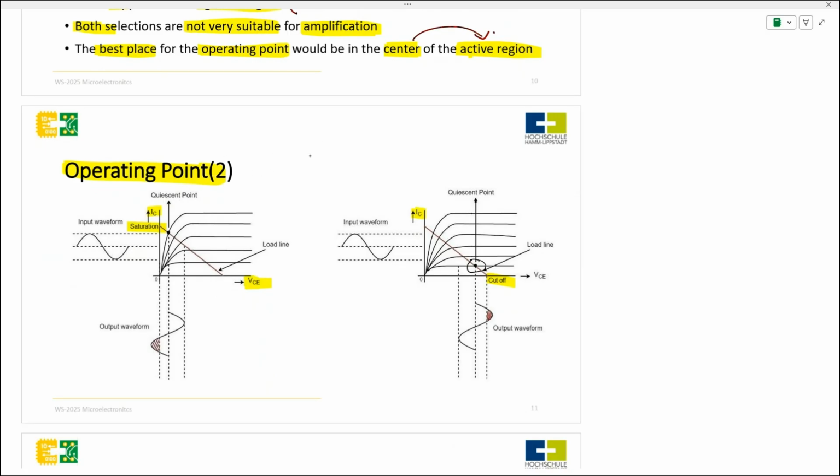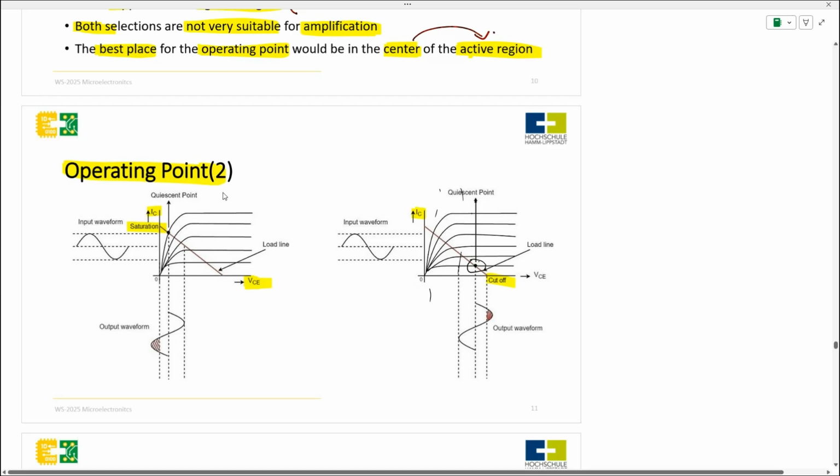So in both cases, we are not in optimal conditions. We are either up or down. That's just a small description of the graphs, but we will be seeing more in detail.